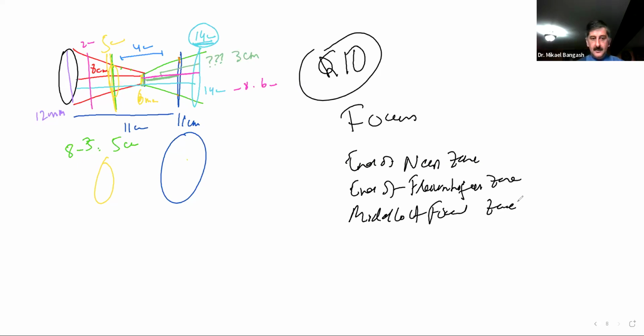Now we don't necessarily have to look at the diagram, but we can still do it. Let's say this is our PCT, and so we have colors to refer to. This is your near zone. This is our focus.